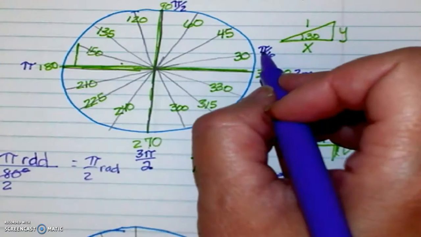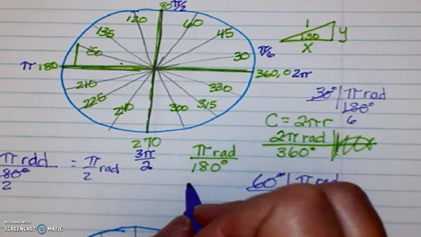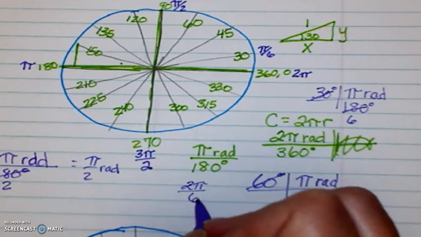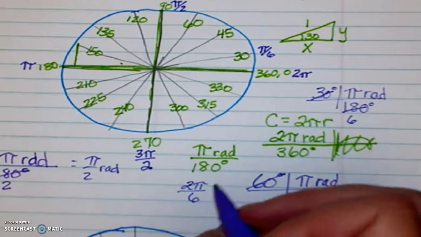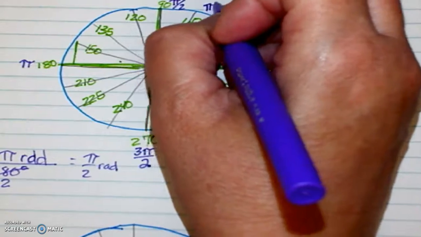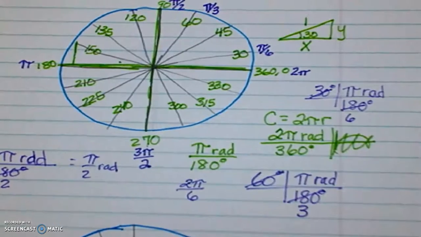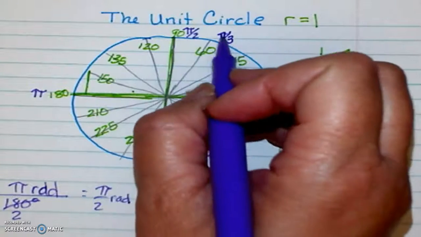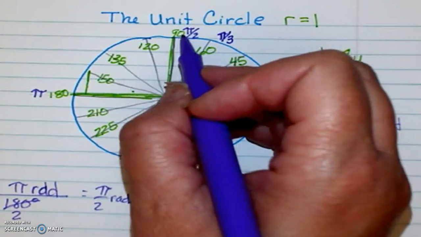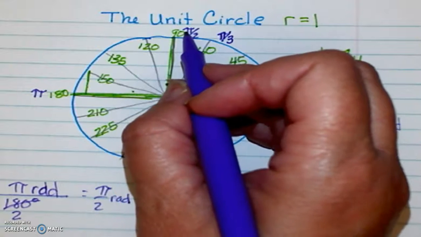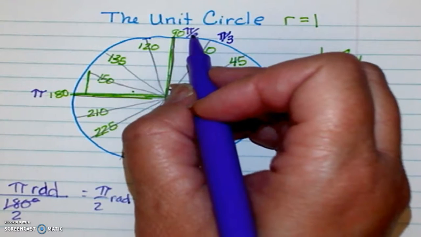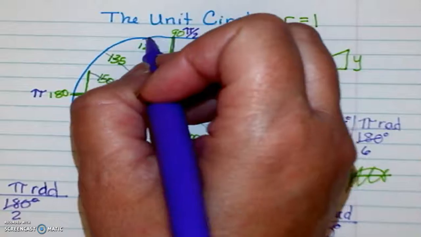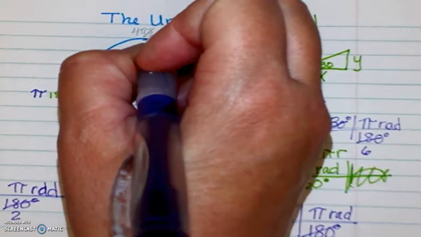Well, if I look at it, I have pi over 6. If I add another pi over 6, you are at 2 pi over 6, but 2 pi over 6 reduces down to pi over 3. Then I add another 30 degrees, and that's 3 pi over 6. Well, 3 over 6 reduces down to 1/2. Then 4 pi over 6.